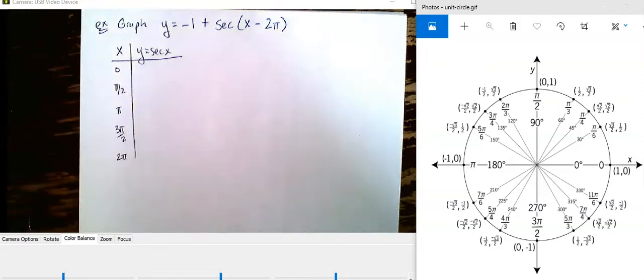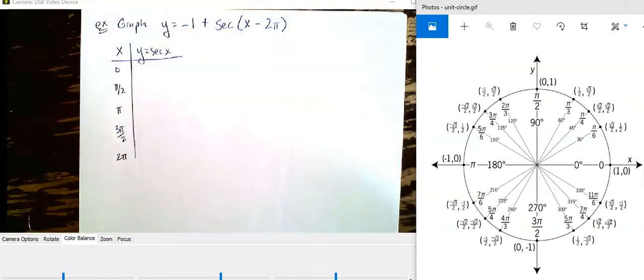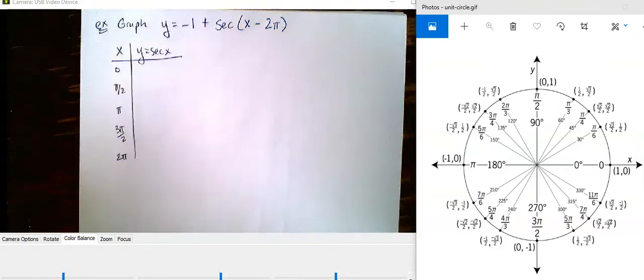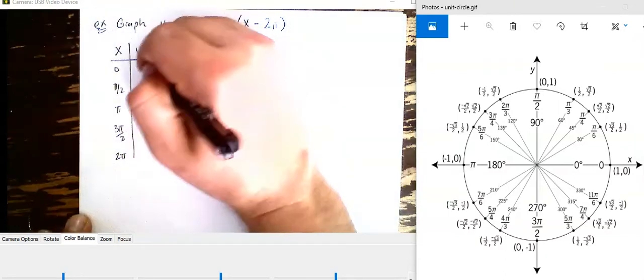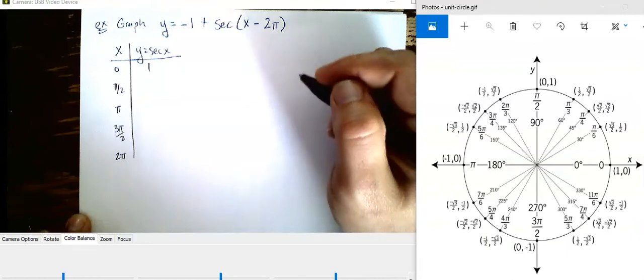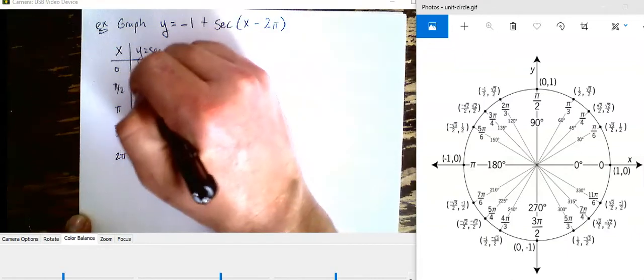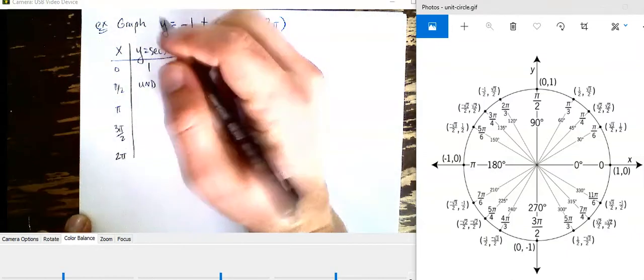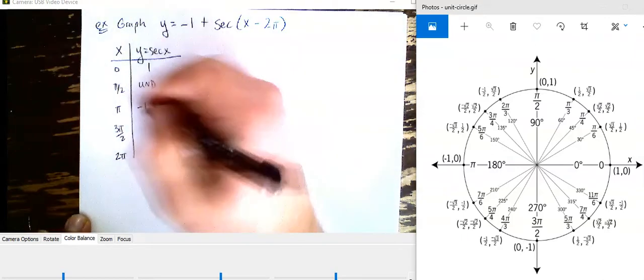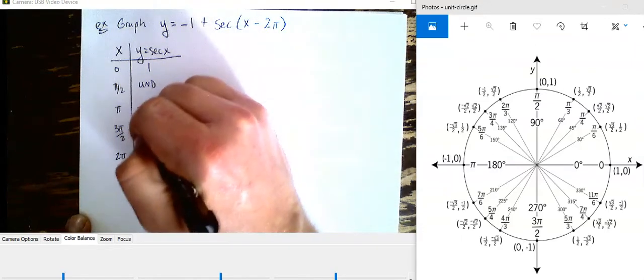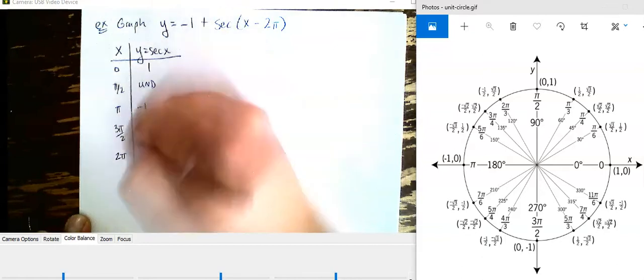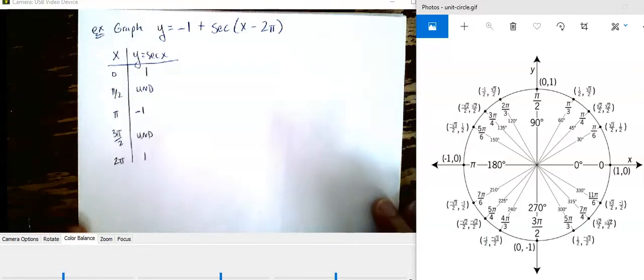If we look back at our results for secant, we had 1 when x was 0, then an asymptote, undefined, then -1, then undefined again, then 1.